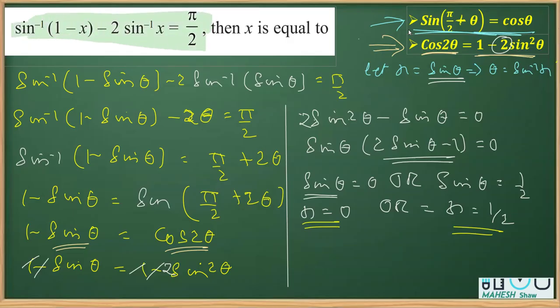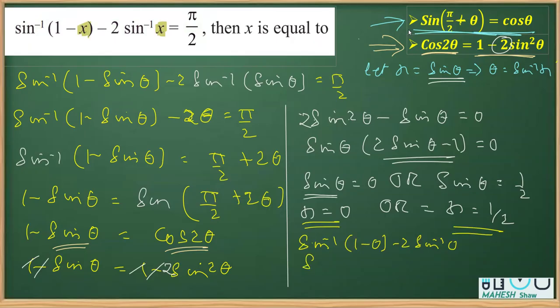So one by one, I'm going to replace x with 0 and check the validity of the answer we got. I'm writing sine inverse (1 minus x), where this x is replaced with 0, minus 2 sine inverse 0.